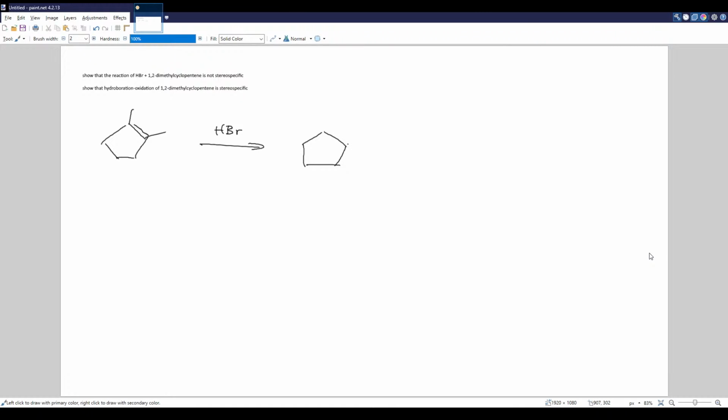So it'd be like Br like this. So it would be like this, right? It's an anti-addition. Now, why is it an anti-addition? Good question. I don't know.